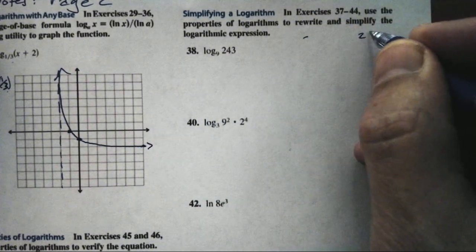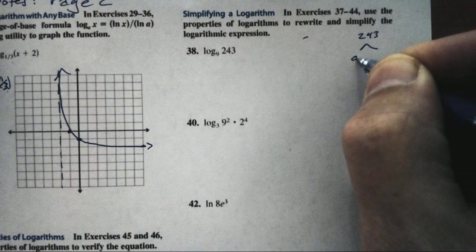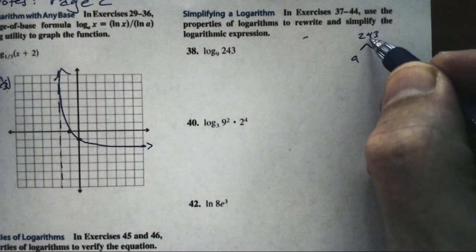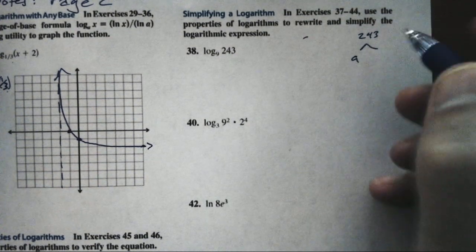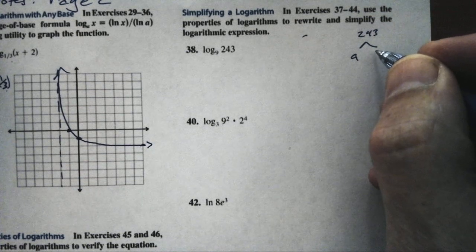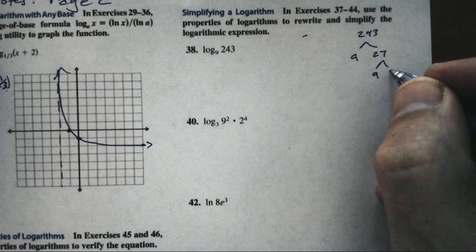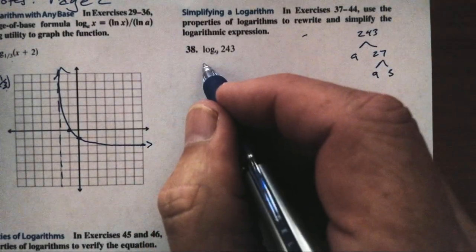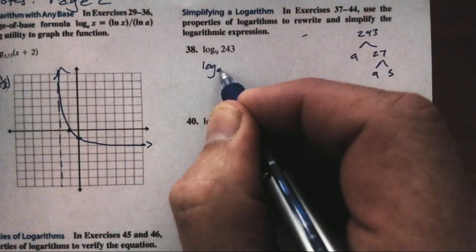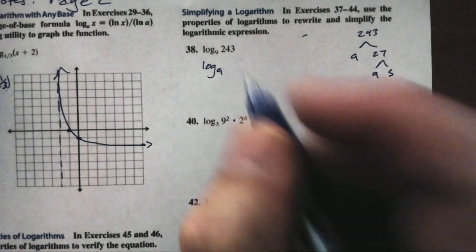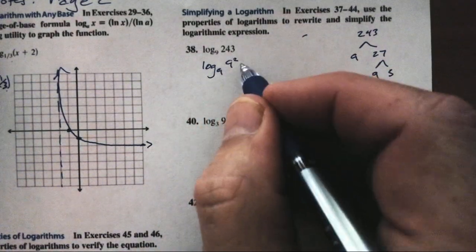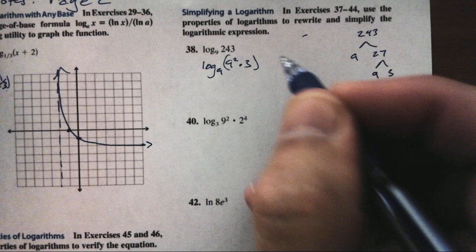I'm going to write that well over here. 243 is 9 times, let's see, 9 goes in twice, that's 18, 63 goes in 27 times, and that is another 9 times 3, so I could think of this as log base 9 of 9 squared times 3.